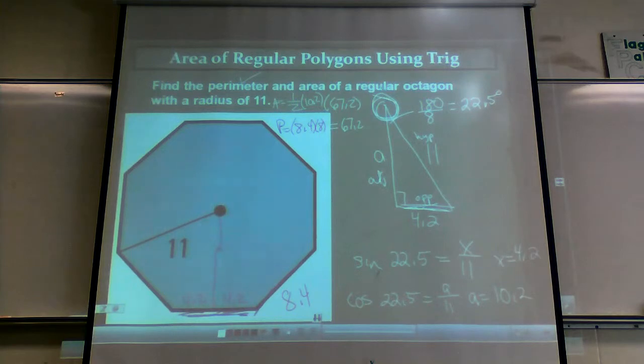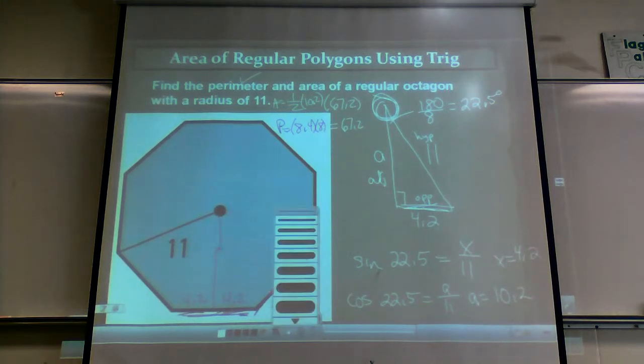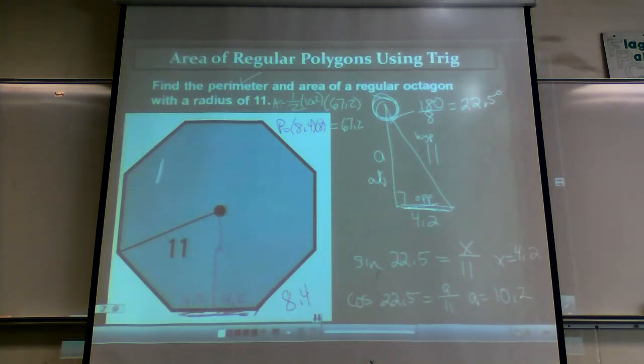Okay, so the area here is going to be 1/2, 10.2, and 67.2. What is all that multiplied together? 3.7. Okay.